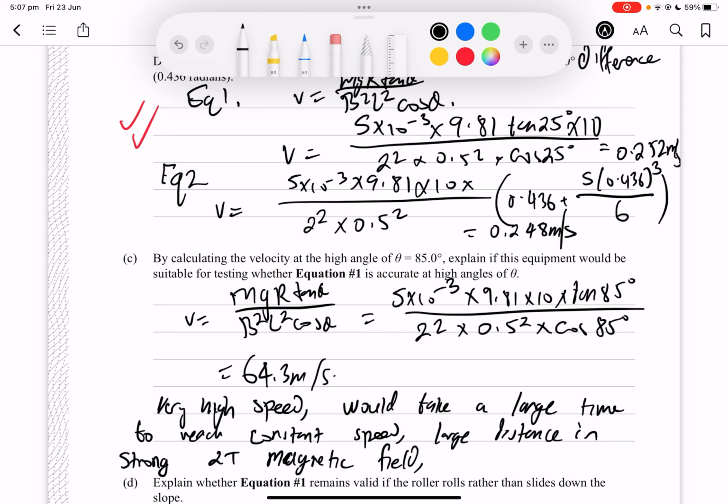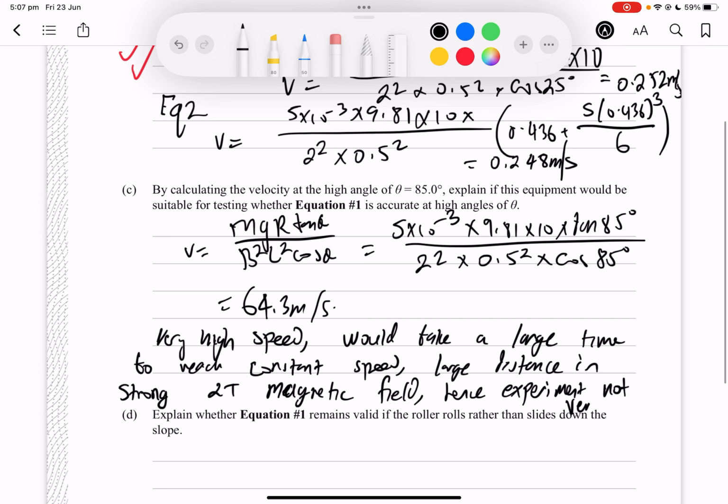Hence it would be hard to test, so the experiment is not very suitable.